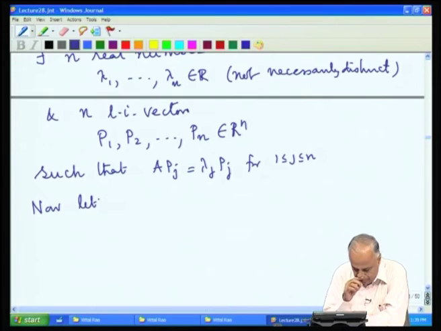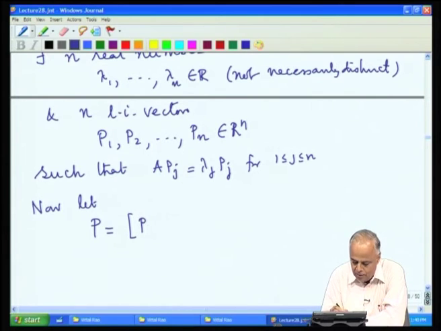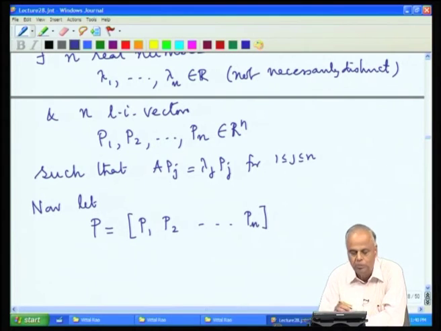This implies, so now let P be the matrix whose first column is this P 1, second column is P 2 and the nth column is P n.